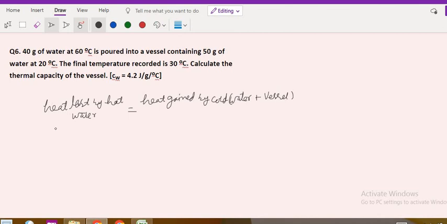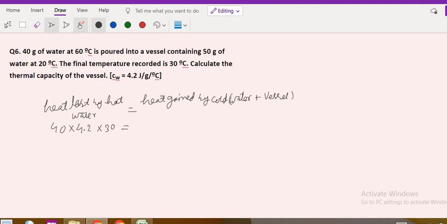So mass is 40. Then the specific heat of water is 4.2, and the change in temperature: the final temperature is 30 degrees Celsius. Initially it was 60, so I have 60 minus 30, that is equal to 30. So this 30 degrees Celsius is the change in temperature, and that is equal to the heat gained by the cold water.